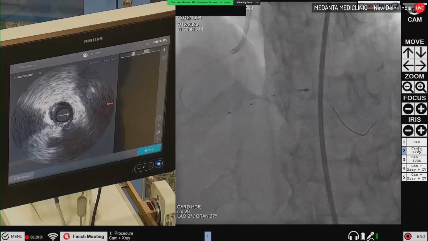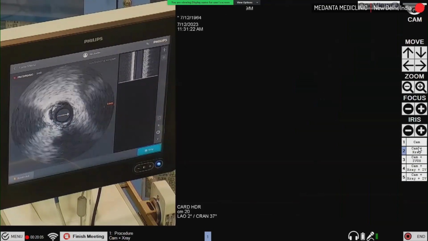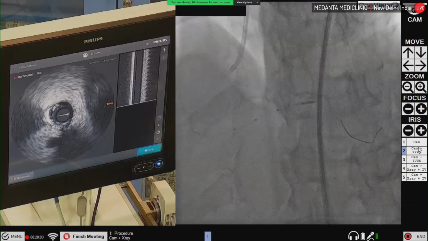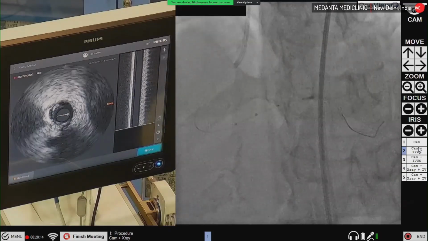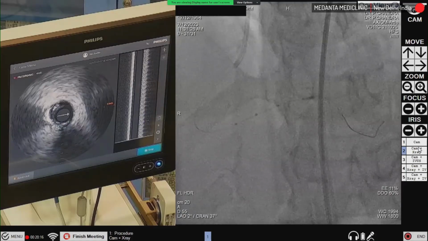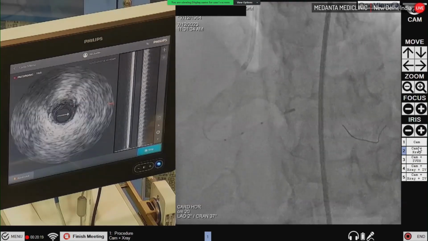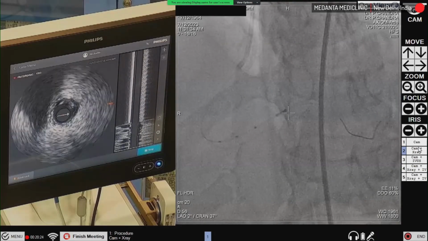So you can see that we are not able to cross this IVUS catheter at this point, which means that this lesion, which was not appearing that significant on the angio but on this angiogram today, is probably significant, and we see that there is some calcium. So we'll pull back, and yes, there is calcium here.